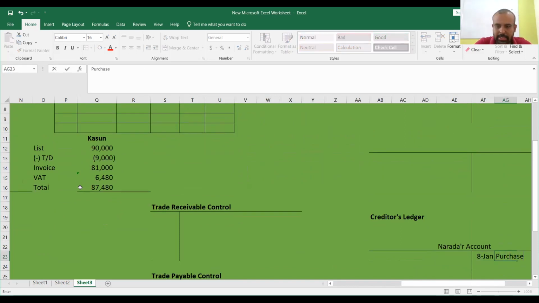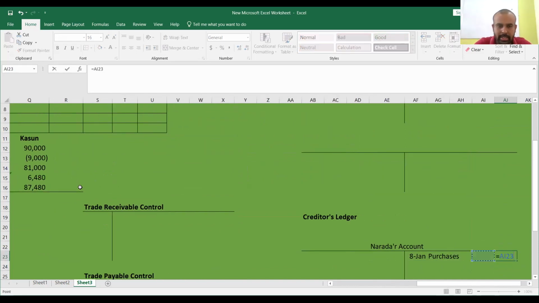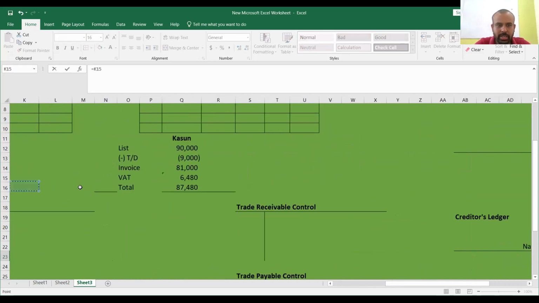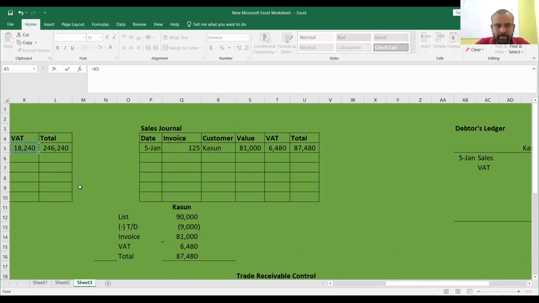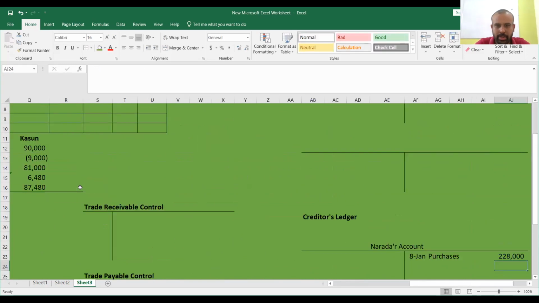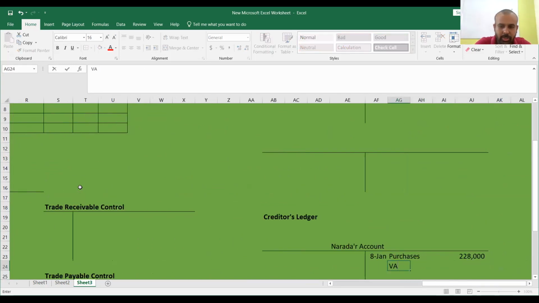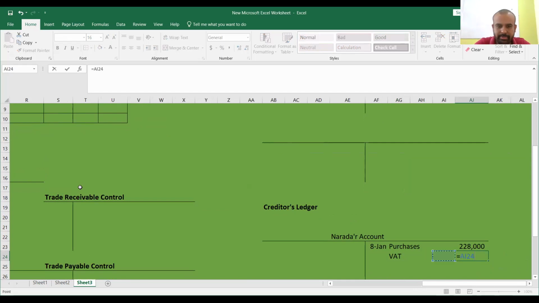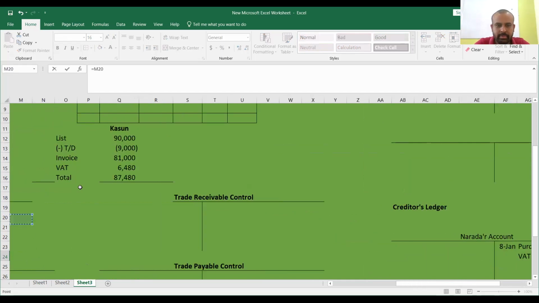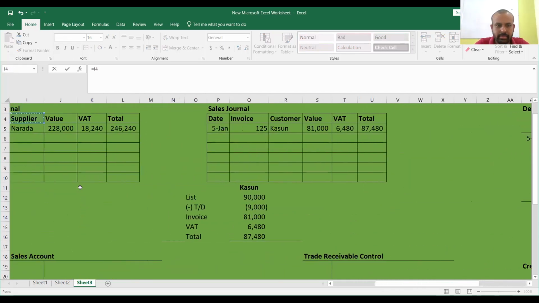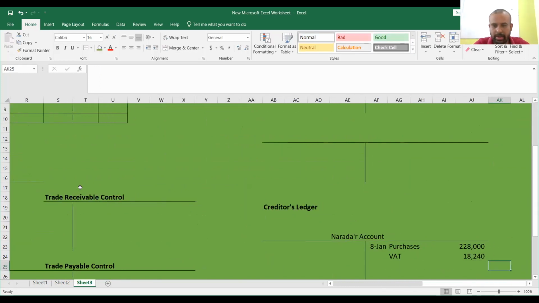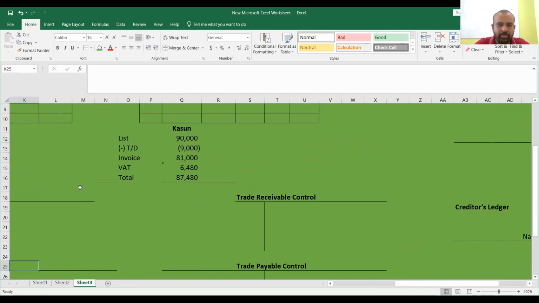Same purchases, how much you credit? Same purchases you credit, it's 228,000, and also you need to pay him the value added tax of 18,240. You need to record the value added tax of 18,240. Okay, now that is fine. We will move to the next.